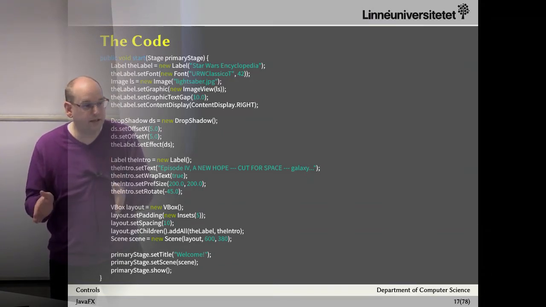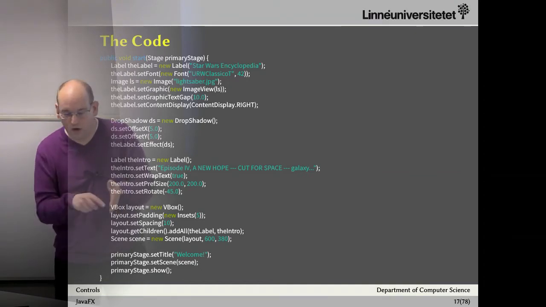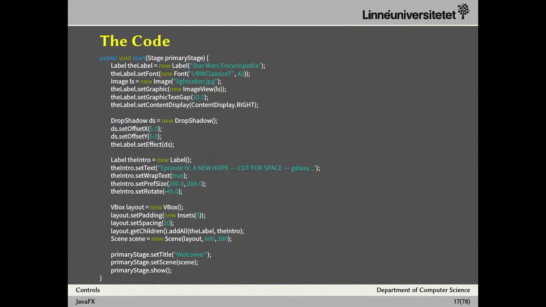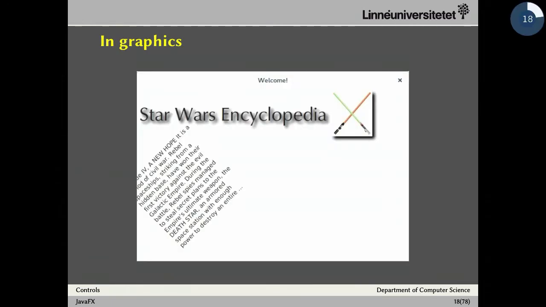And if we, as we've done here, set the wrapping to true, it will wrap the text inside of this box. Otherwise, it will just go on forever. And lastly, a little rotation on this one as well. And then we put everything in a VBox, which serves as a layout for this one. And we get something like this.